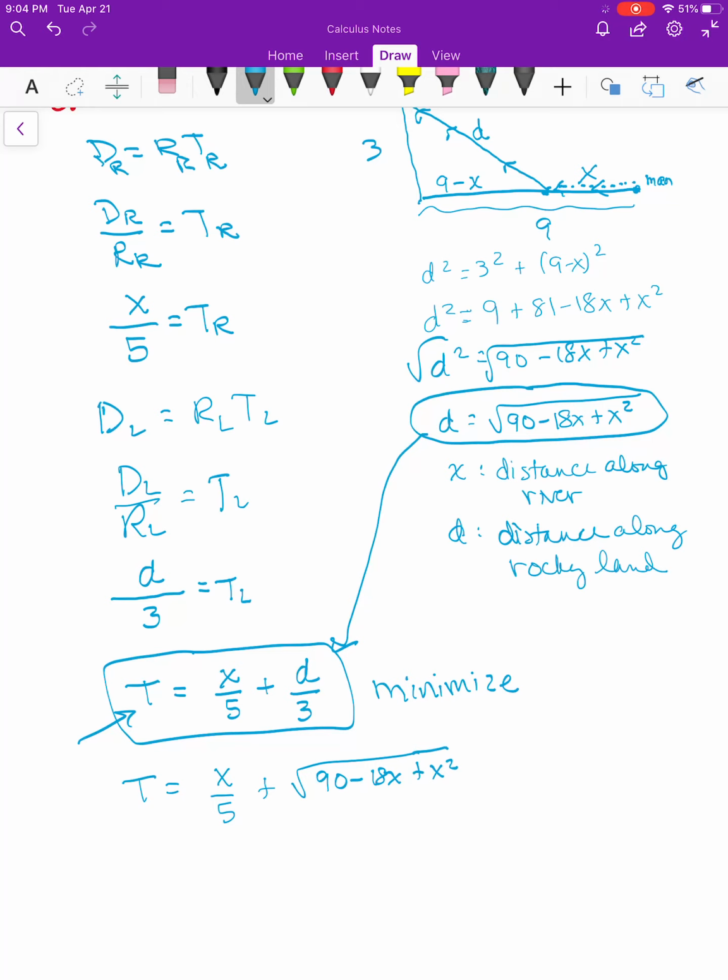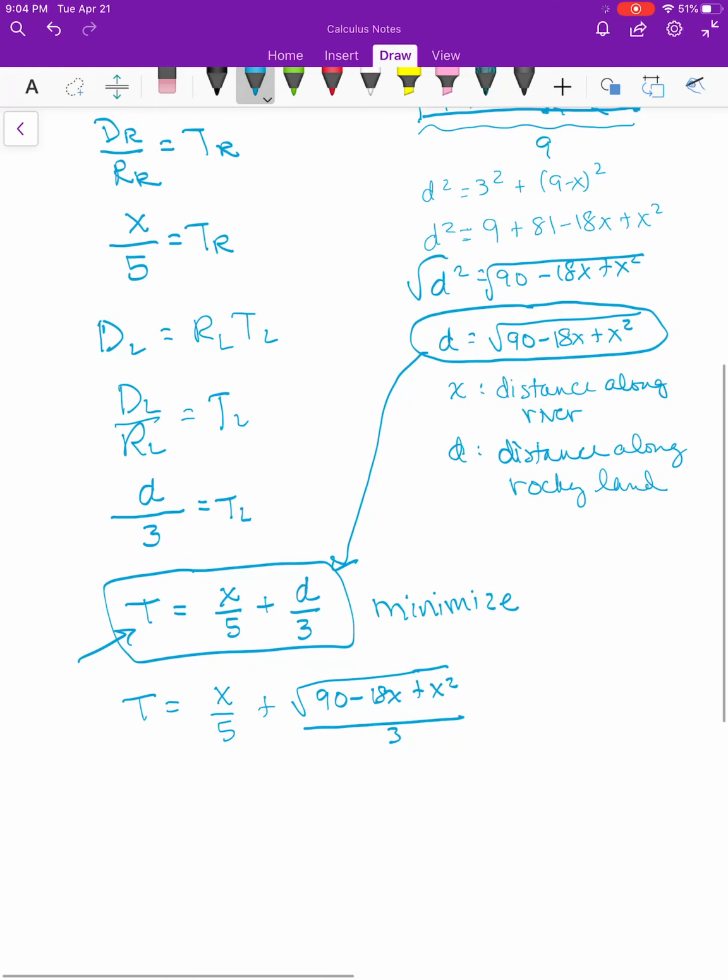We don't want 3 unknowns, so we're going to take this d in terms of x, and put it in, and we'll have an equation that has all x's. So t equals x over 5 plus the square root of 90 minus 18x plus x squared divided by 3. That's what we're going to take the derivative of to minimize.